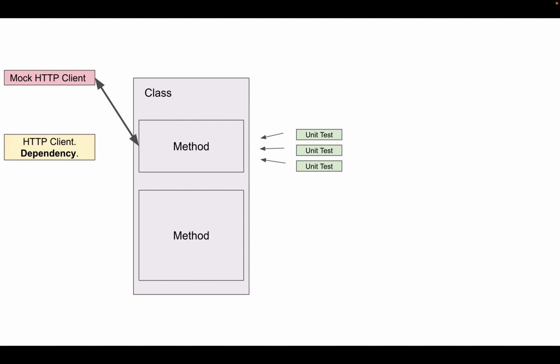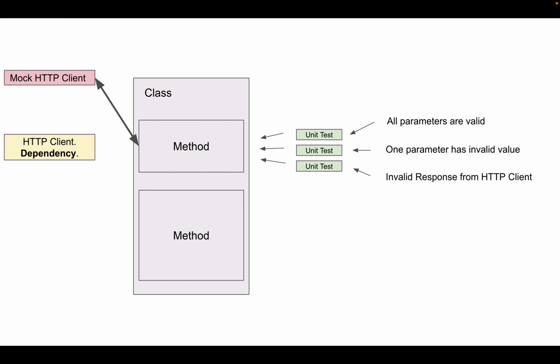For example, one unit test will be to test method with valid input parameter values, another unit test will be to test method with invalid input parameter values, and another unit test can be to test methods with invalid response from HTTP client. You can write different unit tests to make sure that the method you are testing works well and reliable under different conditions and always produces expected result.